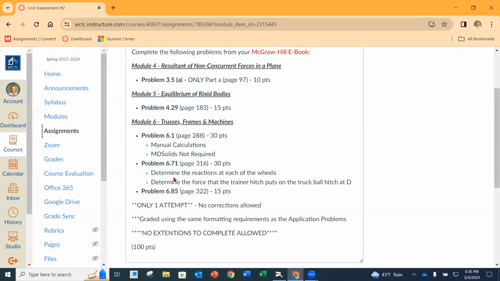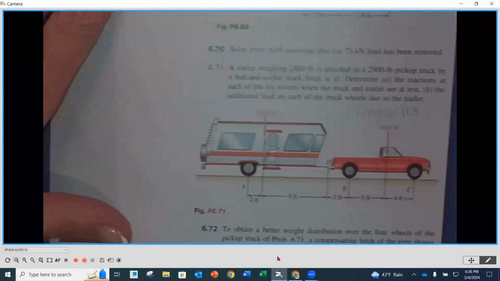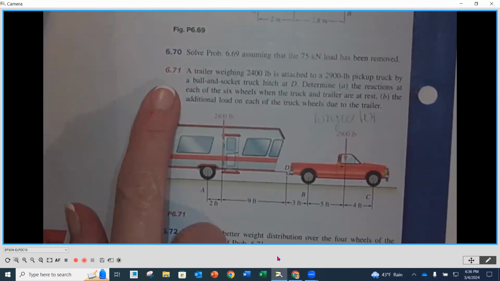The next one that we have here is 6.71, and this is on page 316. It's going to be our frame problem, but it's actually a truck and a trailer. So if we go underneath, 6.71 is your problem.